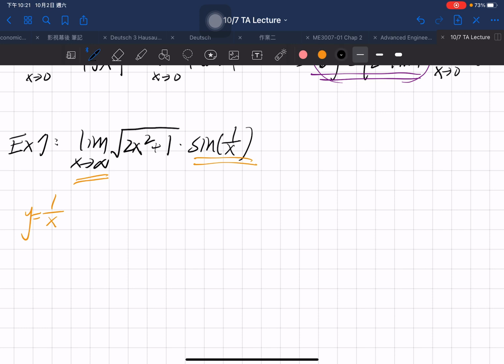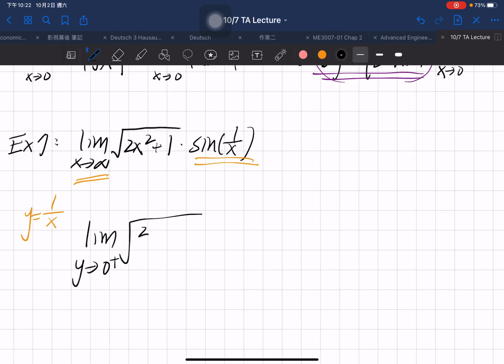Okay, so our limit, y goes to 0 plus, right? Because x is going to positive infinity. 0 plus, and the expression becomes square root of 2 over y plus y squared plus 1 and sine y.